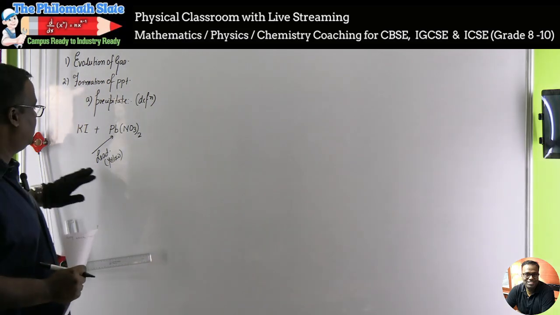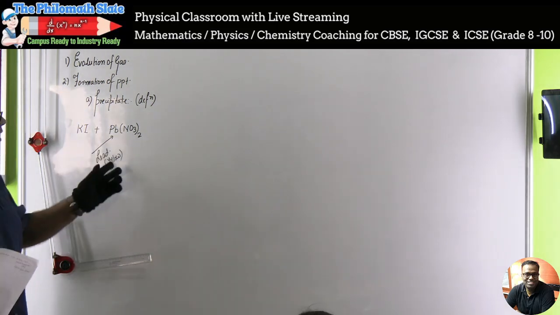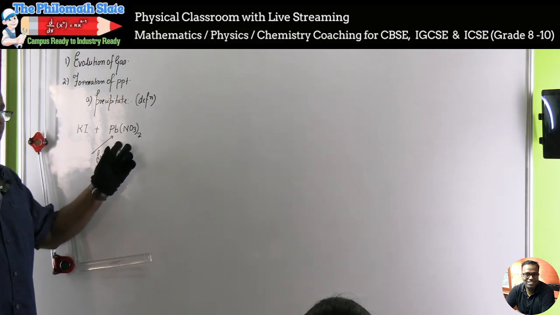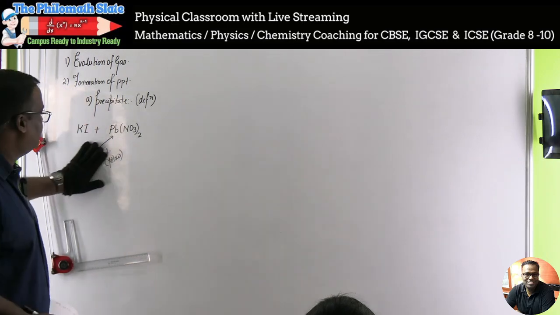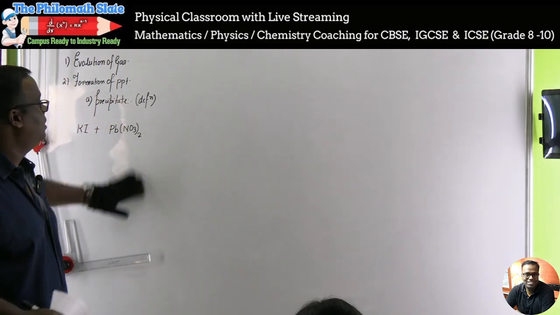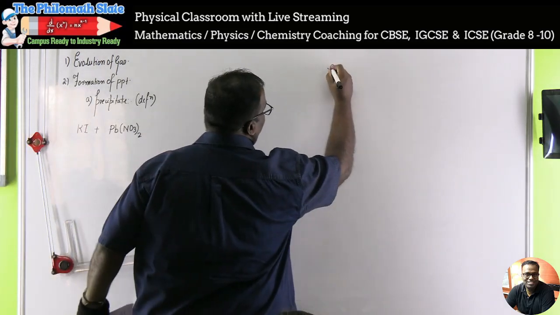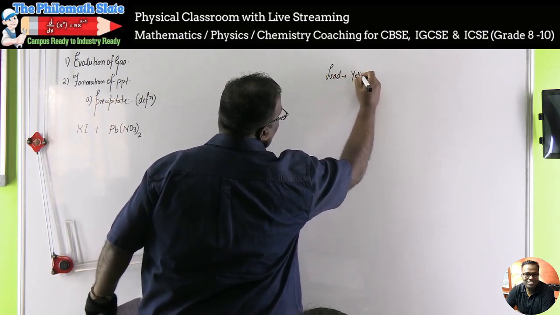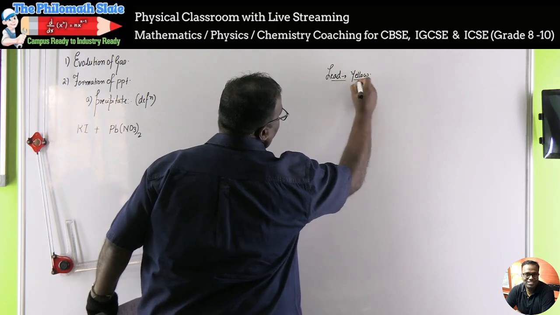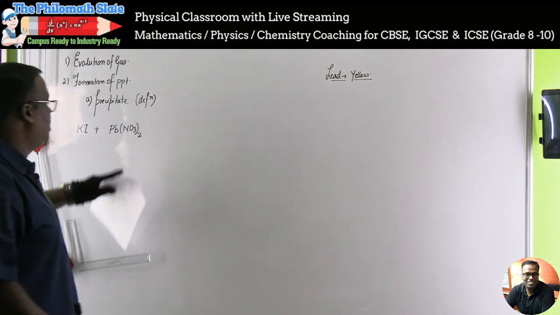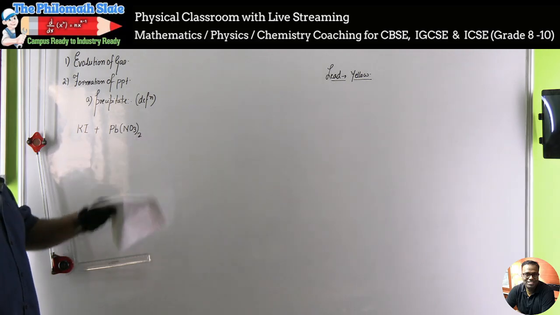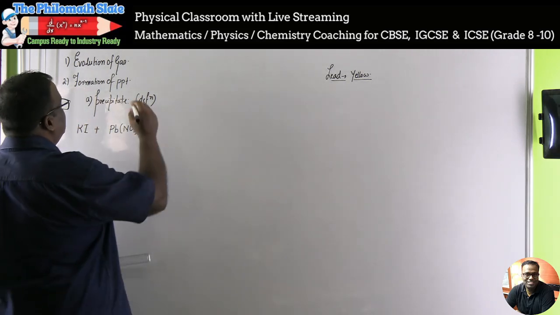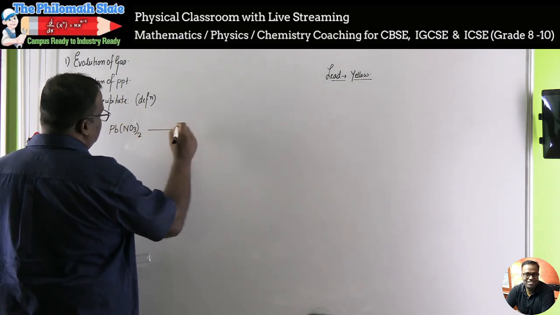Keep a note. Whenever you see something about lead, there will be yellow associated with it. So this particular reaction will qualify both for formation of precipitate as well as for change in color. Okay. So PbNO3, this will be.